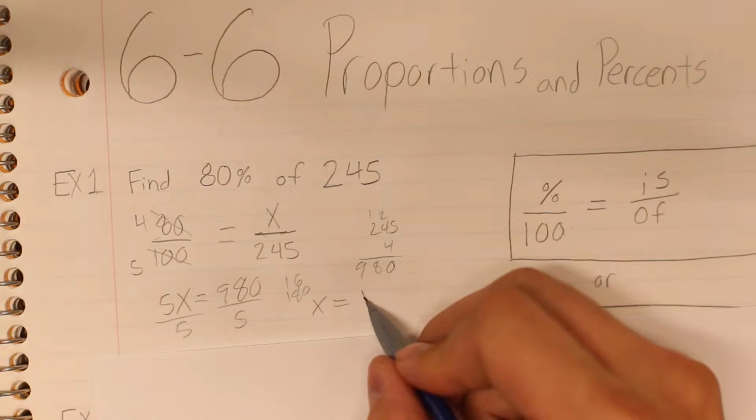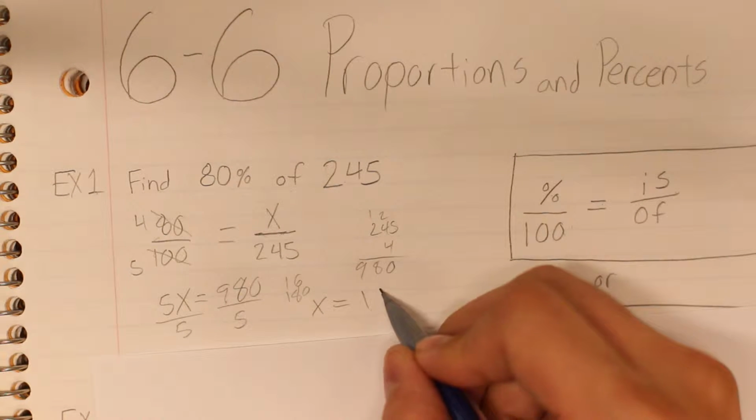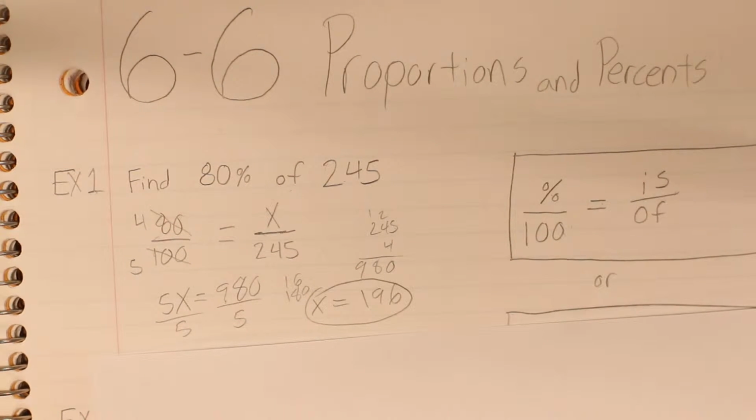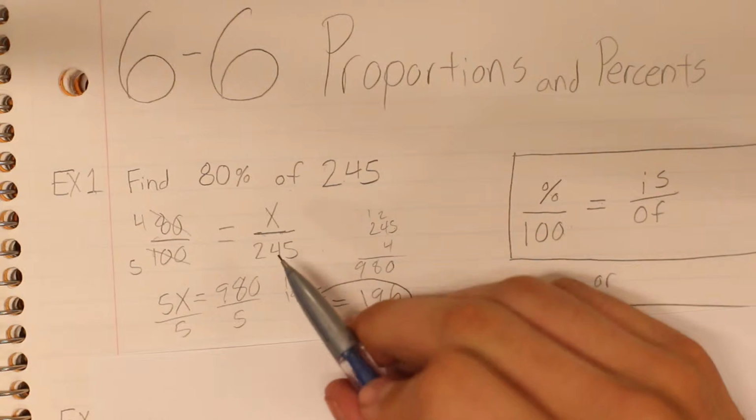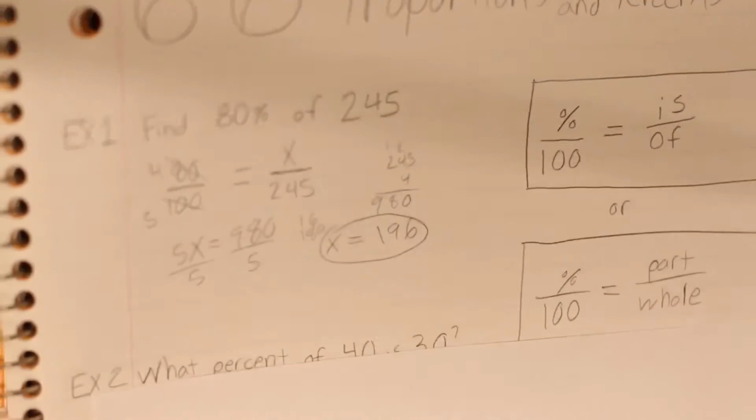So that would be 100 and, what is that? 96. So that's your answer, okay? 80% of 245 is 196, okay? That's how we could get our answer for that.